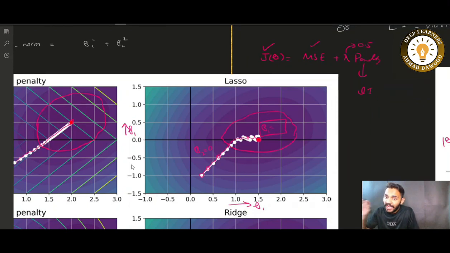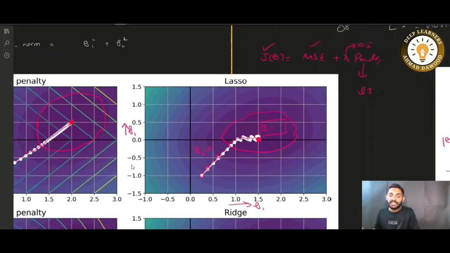So in the case of L1 penalty, you are making some parameter values equal to 0, which are lesser in magnitude, or you can say for the less important features you make the coefficient values equal to 0.